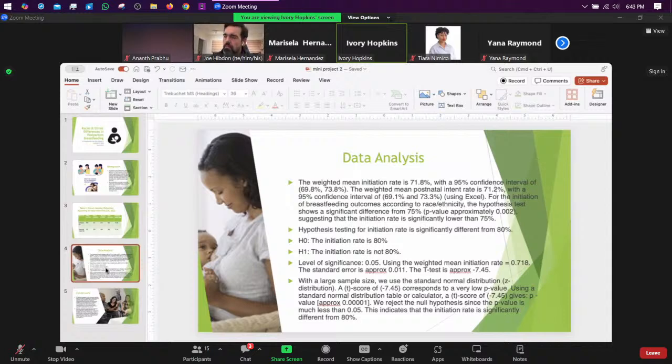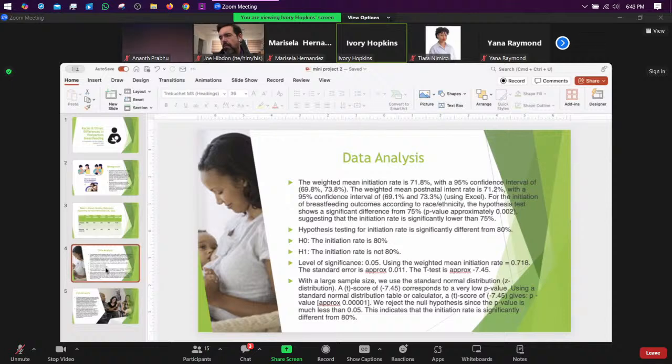For the hypothesis, the null hypothesis will be the initial rate is 80%, and the alternative is the initial rate is not 80%. I only did the hypothesis testing on the data from the initial rate, not the postnatal intent.